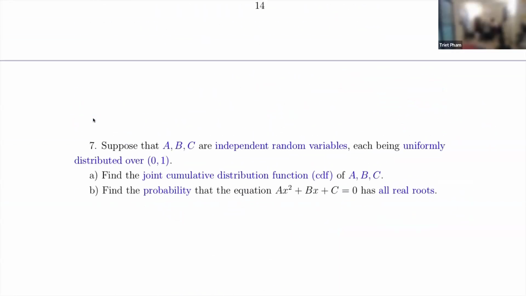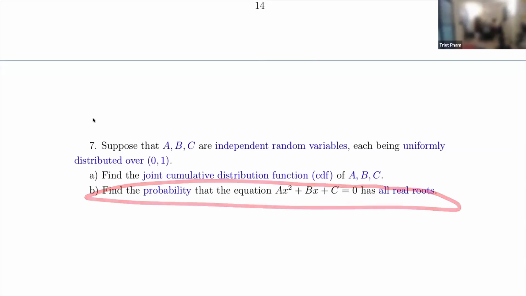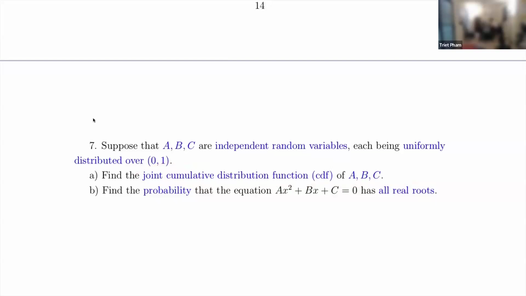Okay, let's take a look at, I think this is the last one. So for this one, the main point, of course, is part B. But here it talks about a joint CDF, which is something I didn't mention in the lecture.